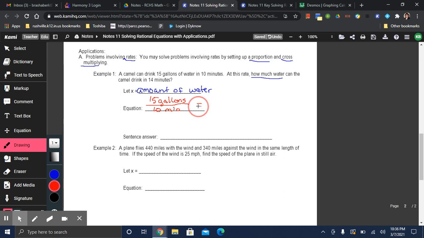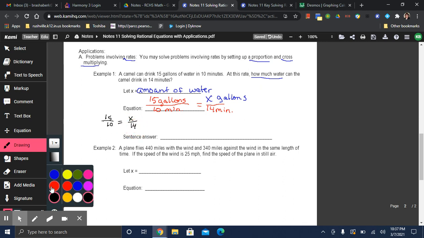And that would be equal to, now if we set up our fraction, we would want 14 minutes on the bottom. And we don't know how much water. That would be our variable, x gallons. So the equation that we're really working with is 15 over 10 equals x over 14.